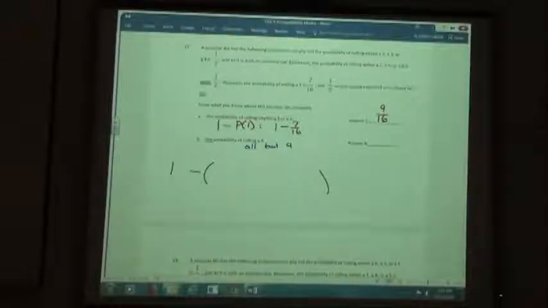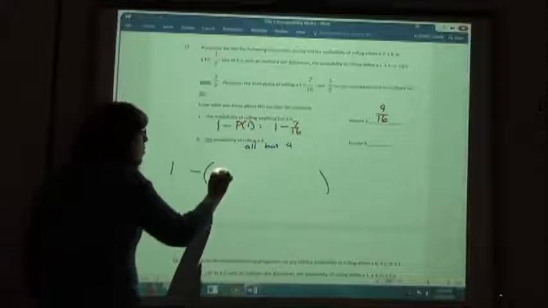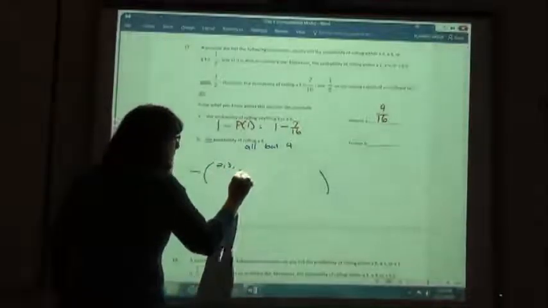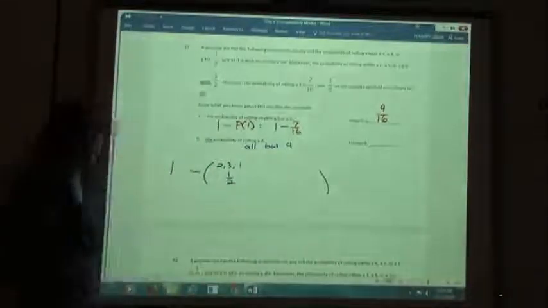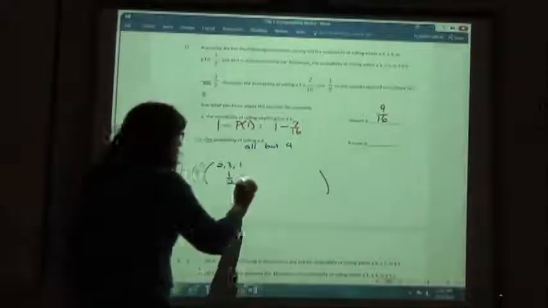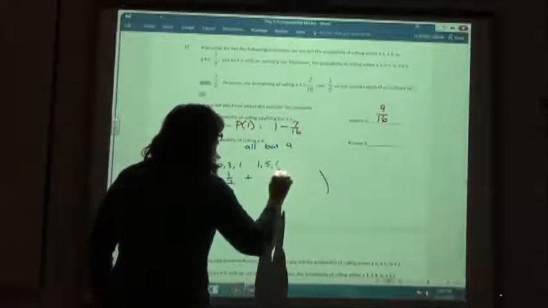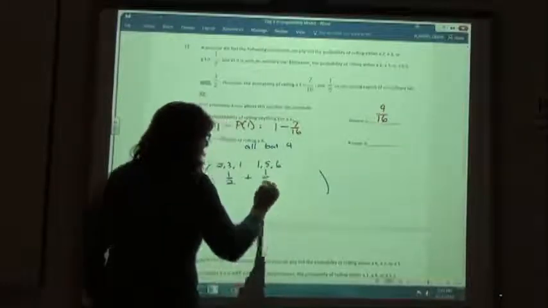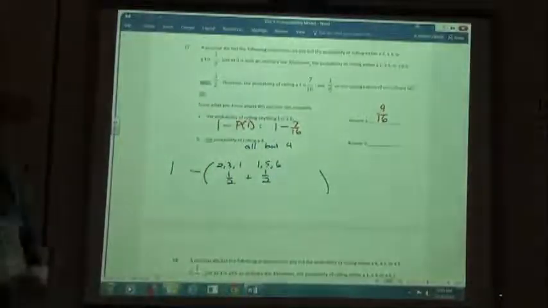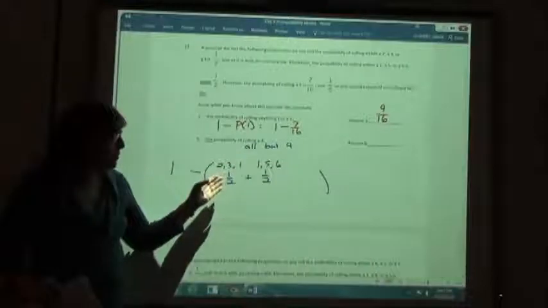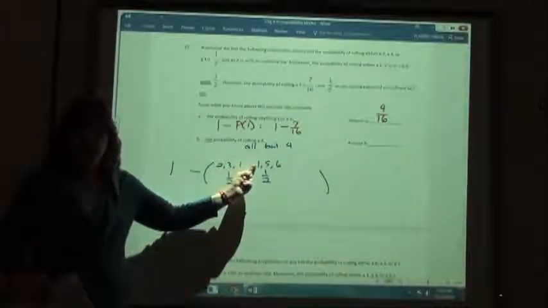So, if I'm going to do all but the 4, I know that the probability of getting a 2, 3, or a 1 is 1/2, right? The probability of getting a 1, a 5, or a 6 is also 1/2. But notice here, I've got the 1 in here twice.